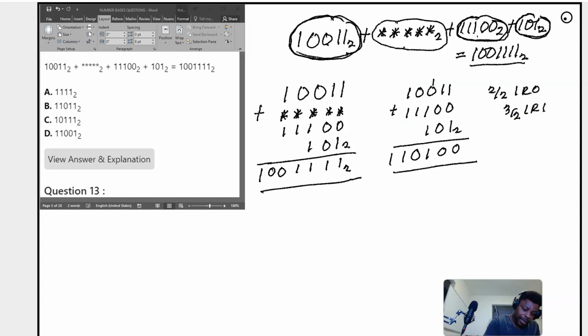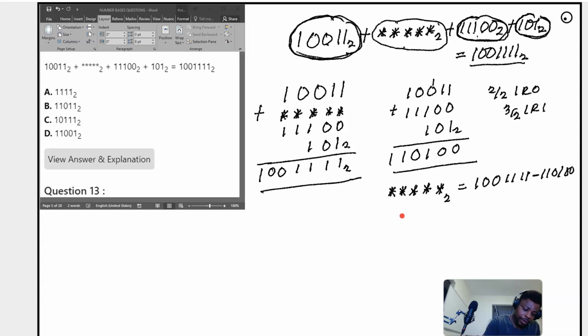So then we have our asterisk now. Asterisk plus this one is equal to this. So I can say my asterisk, which is this one here, will be equal to what we have, just the way that I compared that expression for you, minus 110100.